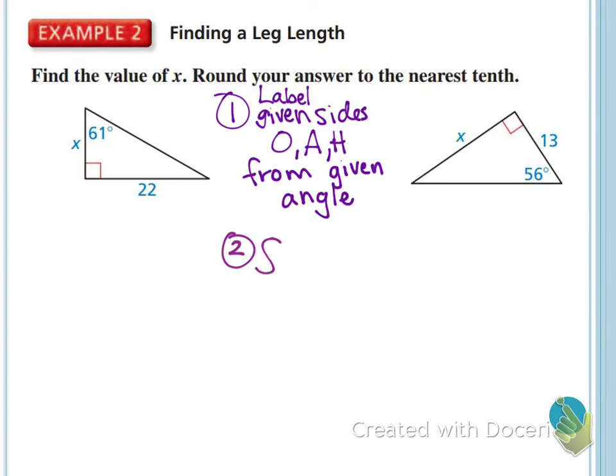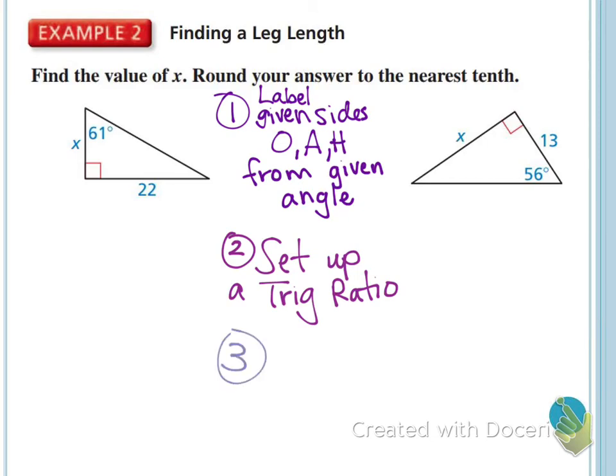Step 2, we're going to set up a trig ratio. And step 3, we solve for x. So this is the process we're going to use on each of them, even though this section is literally called tangent.